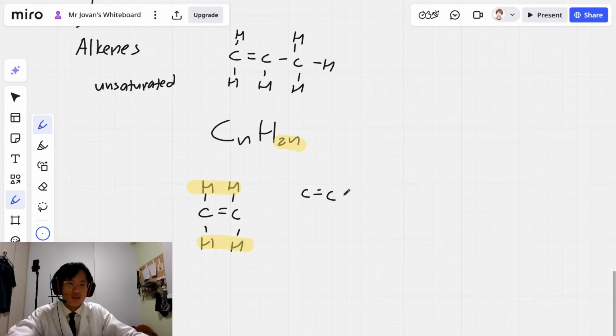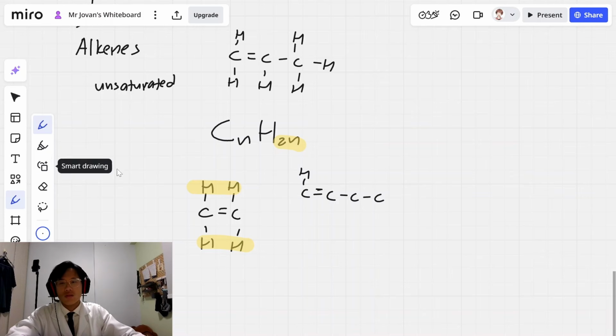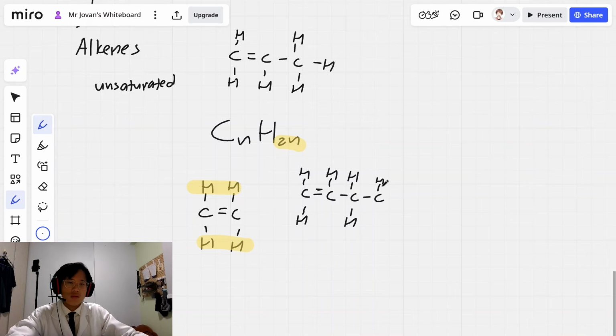Let's try 4. Where is my 2n? First n, second n. CnH2n. Simple. That is the general formula for alkenes. Now you know, it's just twice the number of carbons. You can draw the simplest version and immediately see that.